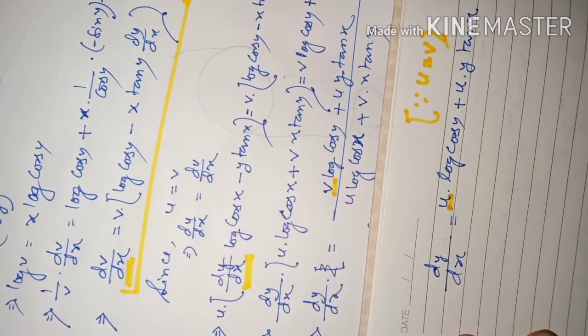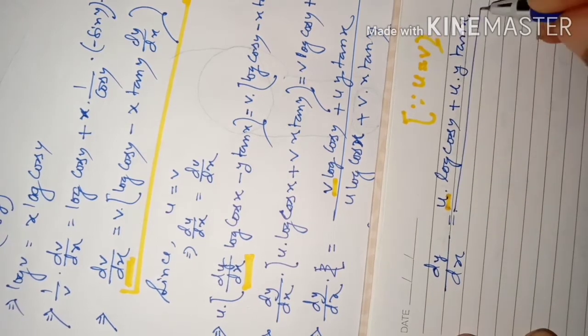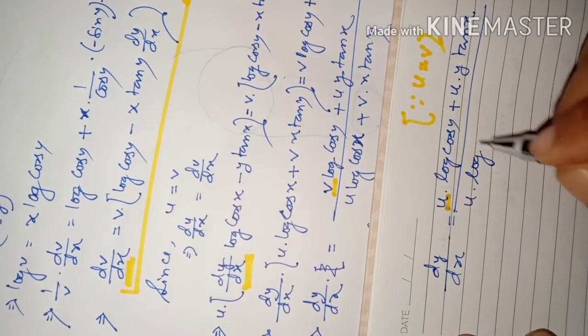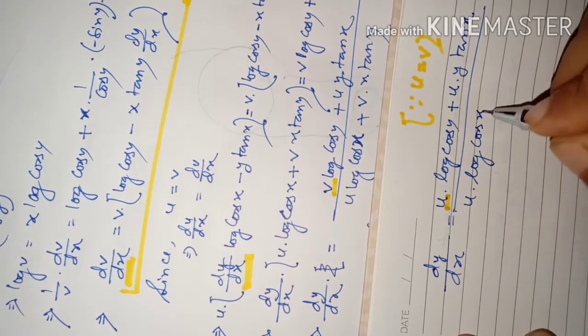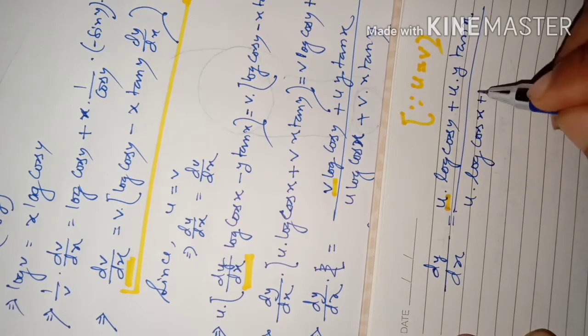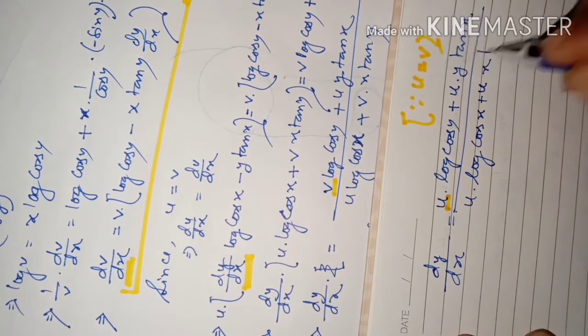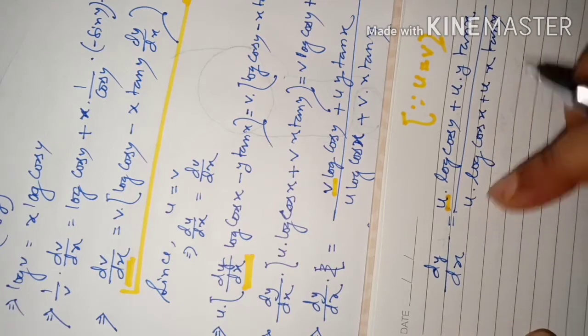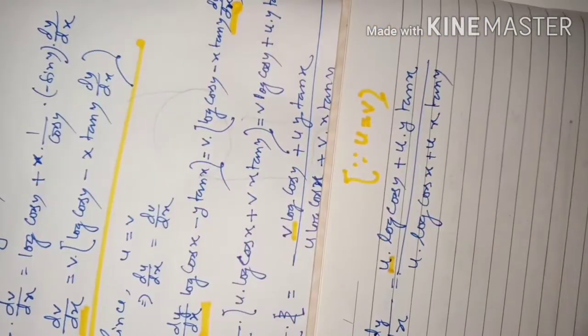So divided by, everywhere you write u into log cos x, v also you write as u only, u into x tan y. So this u is taken as a common factor, cancelled, and the final line will be just like this.